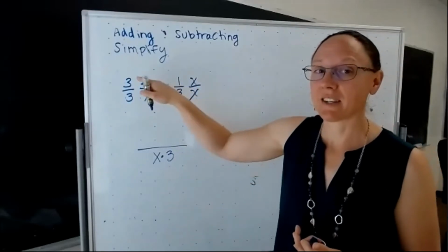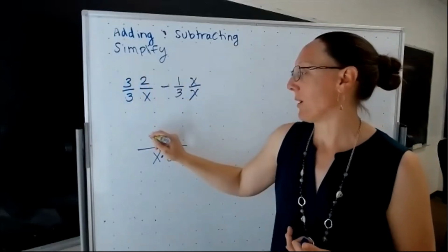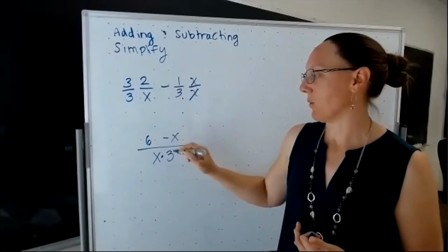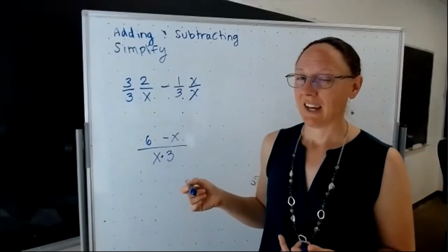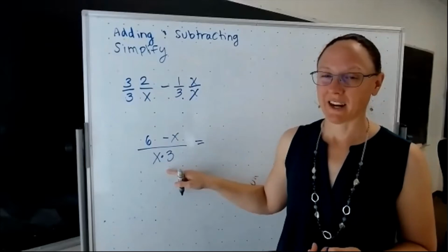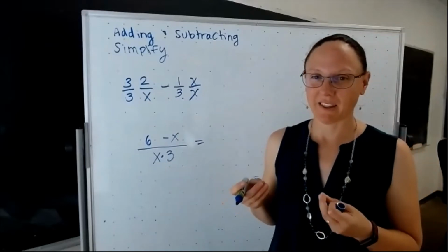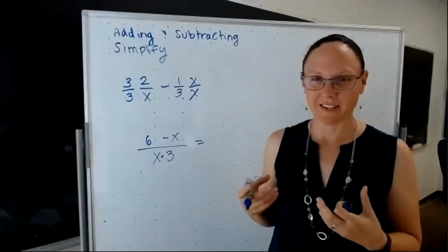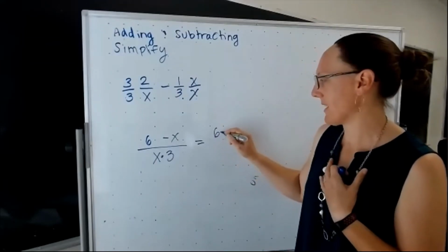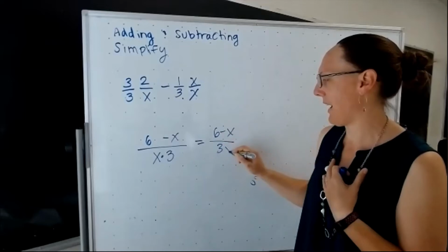After I do this, the 3 times 2 will become a 6, and then 1 times x would leave me with a minus x. I'll be honest, we don't usually write the x times 3. There's something about that actually, just because I'm habituated to it, feels wrong. I'm going to rewrite this as 6 minus x over 3x.